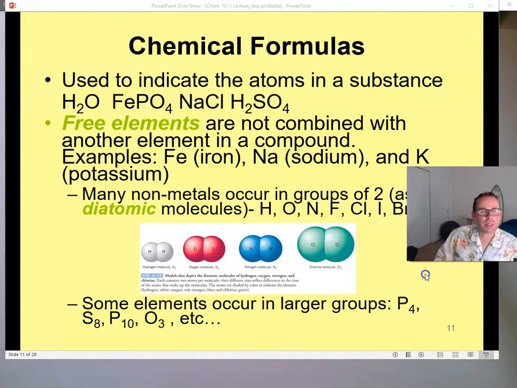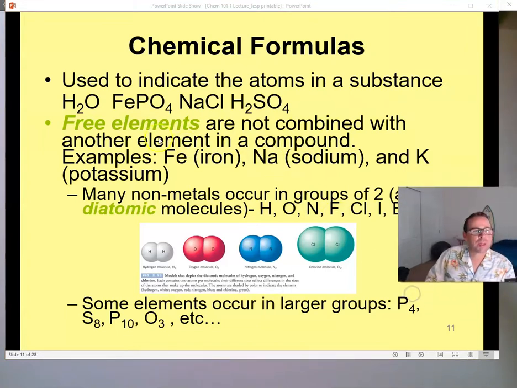Our chemical formulas. We talked a little bit about our chemical formulas already, but these chemical formulas, H2O, FePO4, NaCl, H2SO4, from them we can identify the number of different atoms and the different kinds of atoms that are in a given compound. And this becomes very important for us to be able to look at any compound.